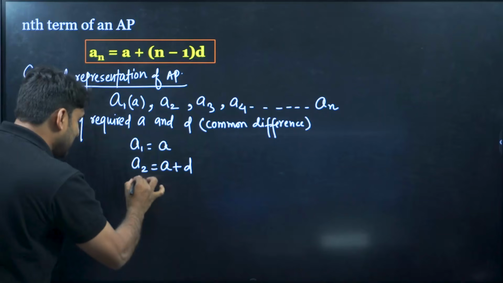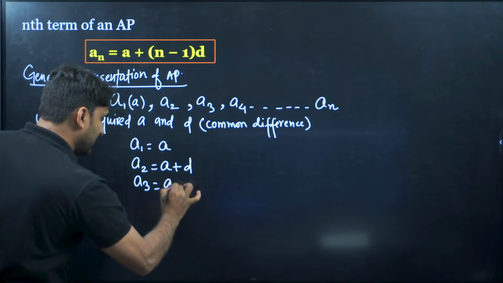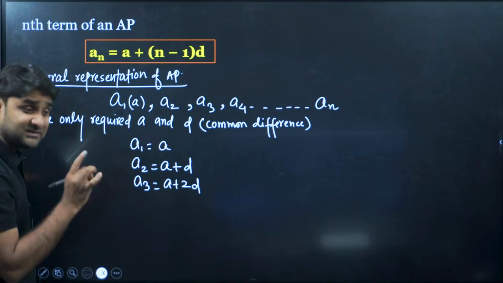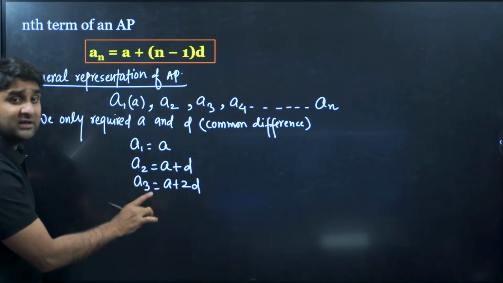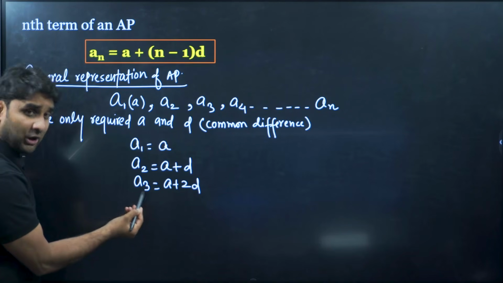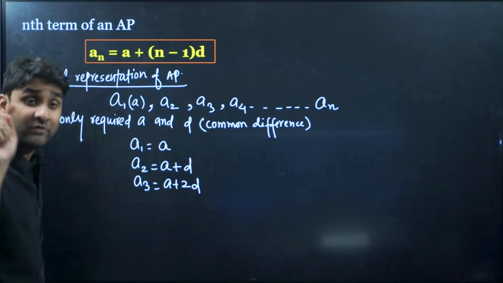Similarly, if I ask you what will be the third term, the formula will become A plus 2D. Yes, my dear, this is the important thing that I want to tell you. For the third term, the formula is A plus 2D. One less, always one less.